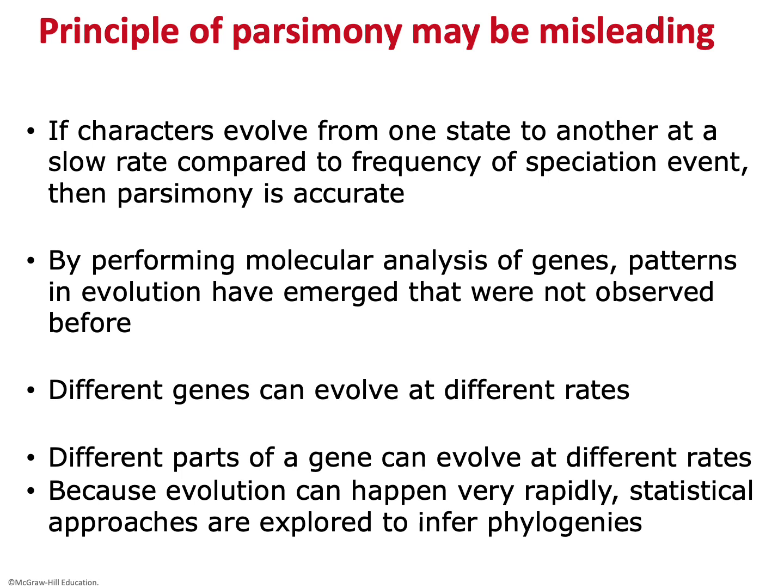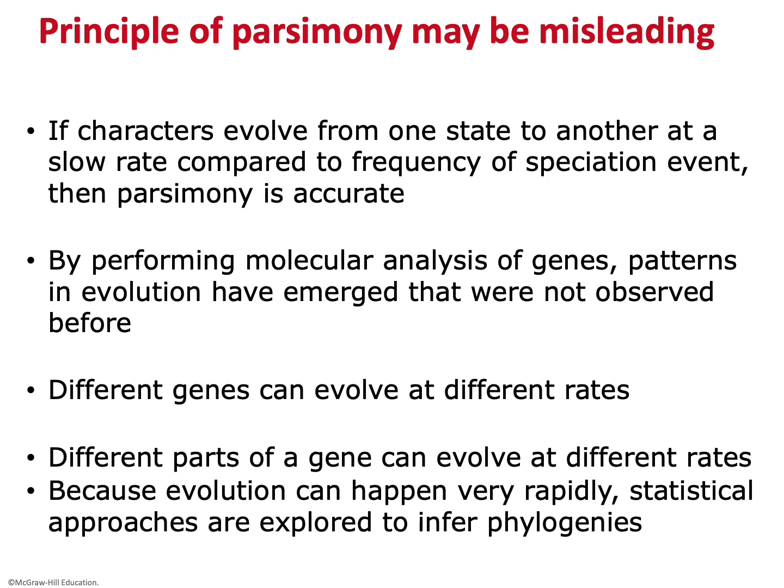It could be misleading. The parsimony principle is only accurate if the rate of character change is slower than the speciation event. But now we know that some characters evolve very rapidly. This is true for genes as well. Certain genes evolve very rapidly, certain genes evolve very slowly. So the evolution rate can be very different. We also know different parts of a gene can evolve at different rates.